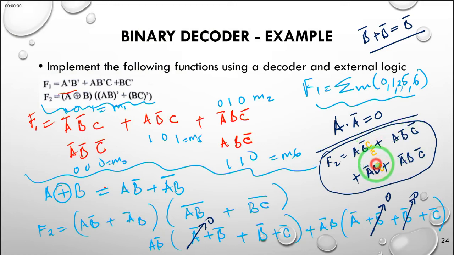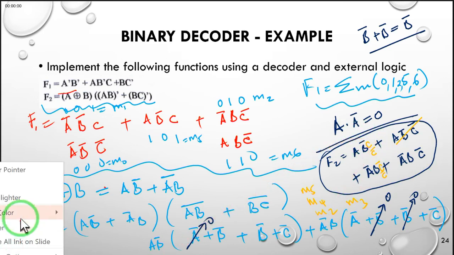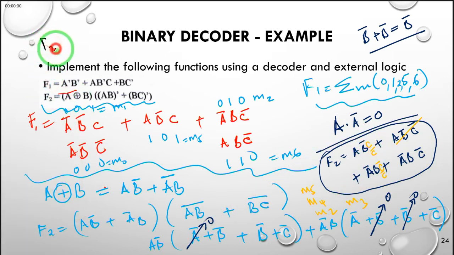So what we will have from this is 1, 0, 1, that is minterm 5, 1, 0, 0, that is minterm 4, 1, 0, 0 is still taken care of, 0, 1, 0, that is minterm 2, and 0, 1, 1, that is minterm 3. So those two we have taken care of. That is the same thing we have here, 0, 1, 0. So what we can say clearly is that F2 is equal to the sum of minterms 2, 3, 4, 5.